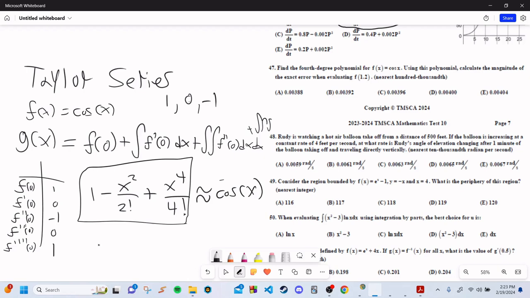And to calculate the error, we're just going to take cos of 1.2 and subtract from it the result of putting 1.2 into this approximation. Like so. And then after calculating that, we'd get, and also make sure you're in radians when you do this.